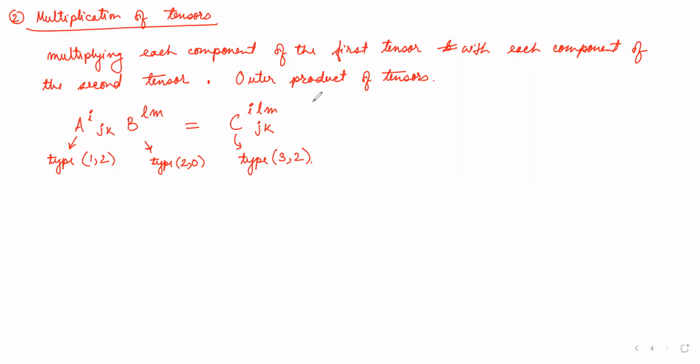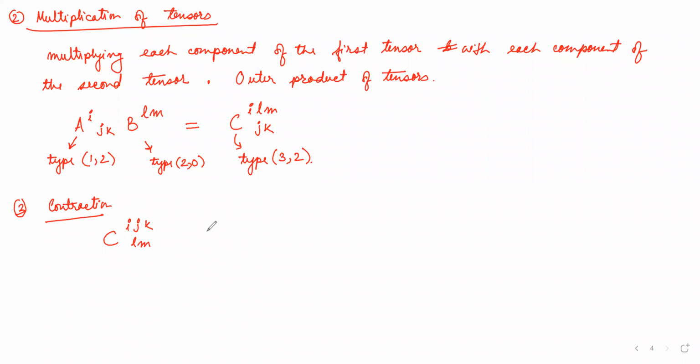Fine. Then we learned about contraction of tensors. Contraction occurs when a lower index is set equal to an upper index and then it is summed over. So for example, suppose I have a tensor like this: C^ilm_jk... rather C^il_jkm with indices i, j, k, l, m.